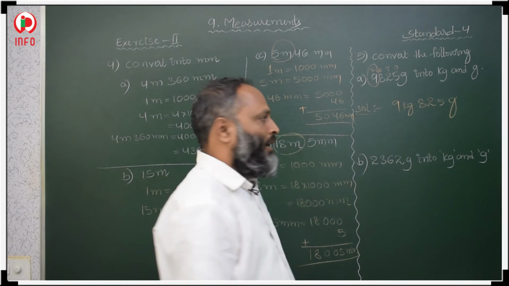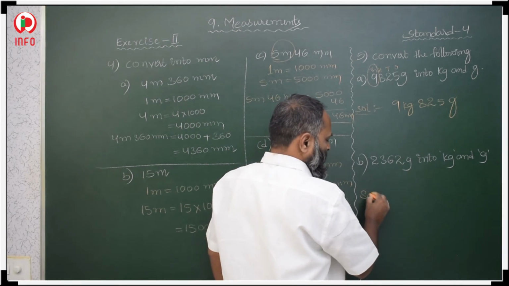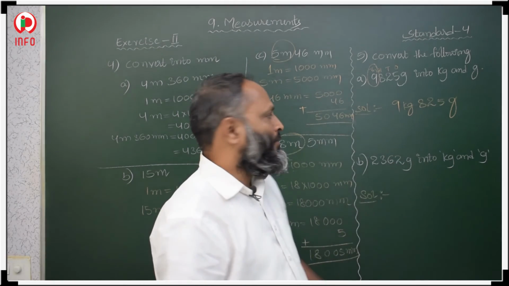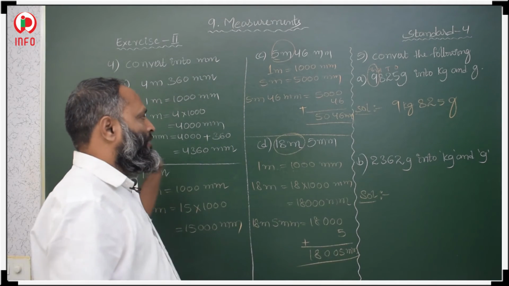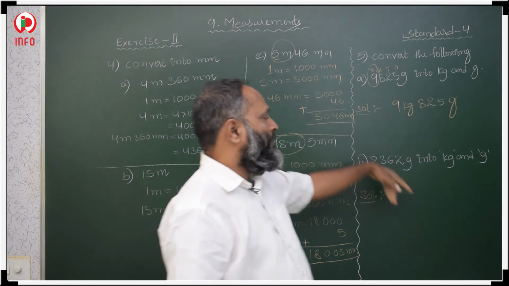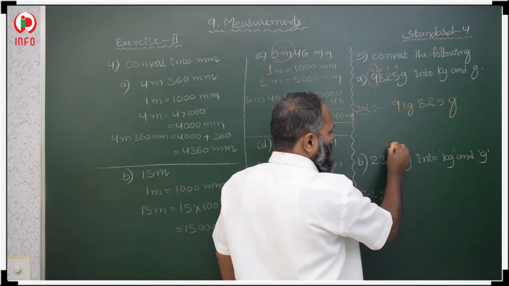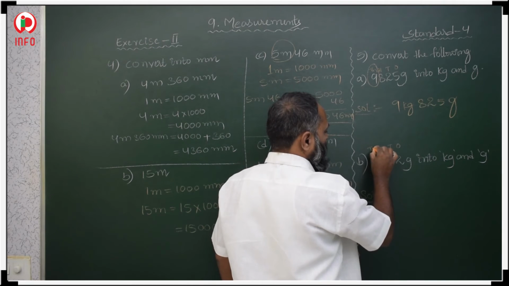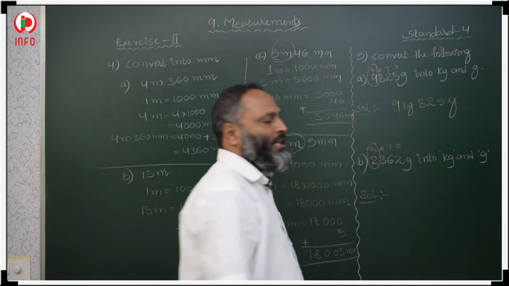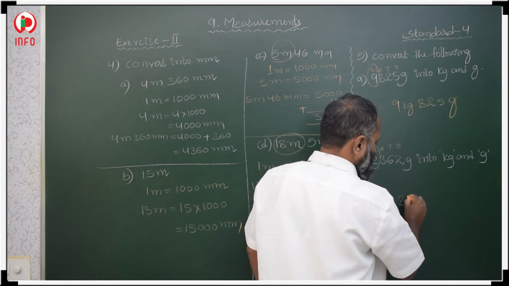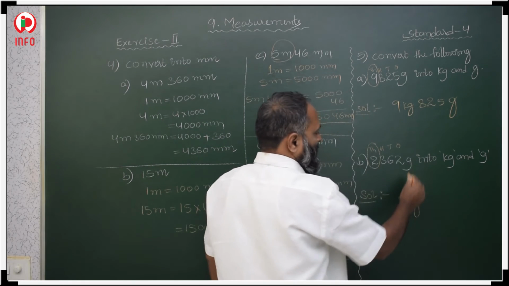Now here, smaller units we should convert into bigger units. But earlier, bigger units we converted into smaller. Here, smaller units we should convert into bigger. This is ones place, tens place, hundreds place and thousands place. In the thousands place we have 2, that means 2 kg. And the rest of the places are grams.